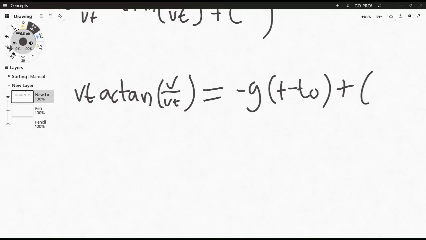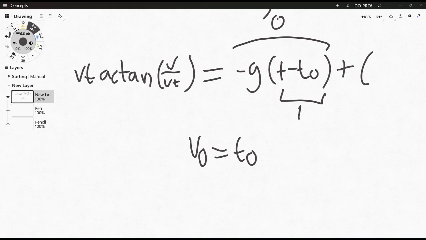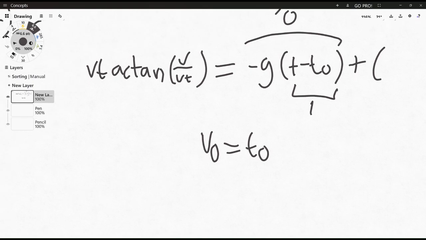So when v0, the burnout velocity, t is also 0 because it's the beginning, right? So then this thing is going to become 0, and then it's going to make this whole thing 0, and then we're going to have C equal to this thing but with t0 over here. That's going to be our C.